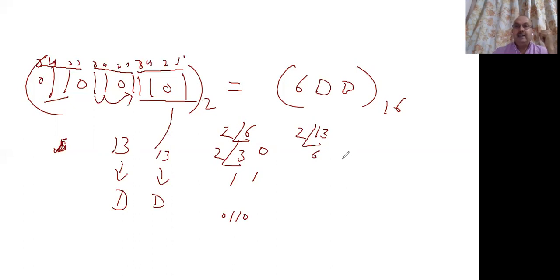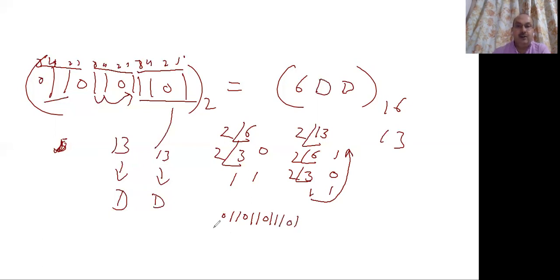Remember, 9, then 10 11 12 13, A B C D. 2 3s are 6, remainder is 0. 2 1s are 2, remainder is 1. And we write from bottom to top: 1101, it has 4 digits, so we can write it. And the next number is also 13, which will be the same, 1101. So if you can see, 0110 1101, it matches. I hope it is clear.